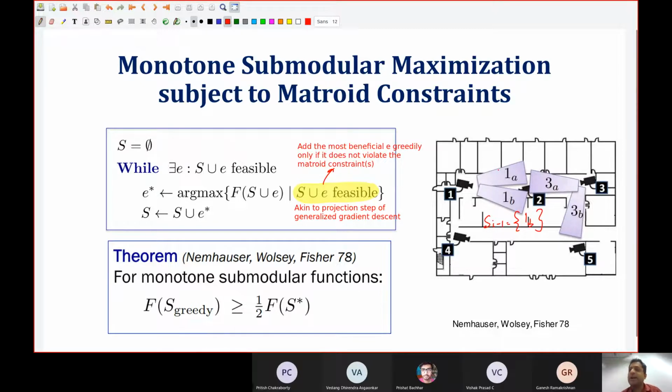Now, even if 1A is the one that gives you the maximum gain, you won't add 1A. Okay. Add the next best one.